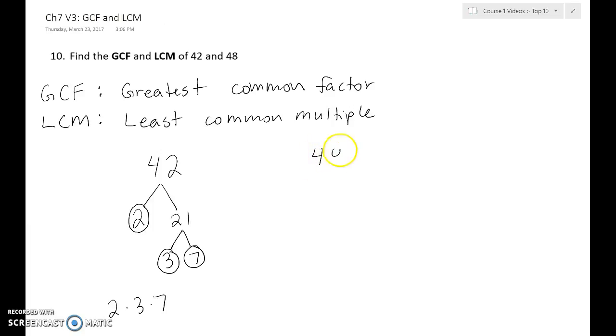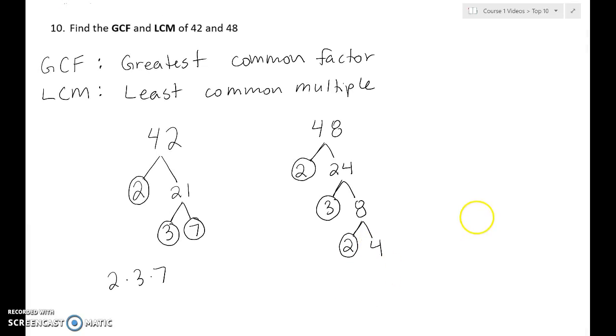48 can be done in a similar manner. We can start by 2 times 24. 2 is a prime number. And 24 can be broken down to 3 times 8. And 8 can go down further as 2 times 4. And 4 can be broken down into a product of 2 times 2.